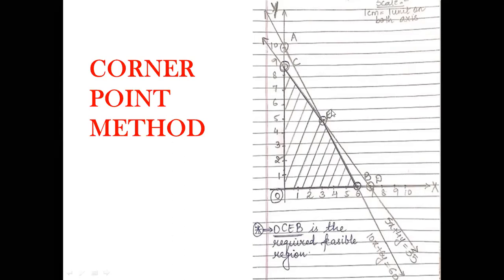Coordinate E. So in order to find the coordinate of a new point, we always have to solve the two equations simultaneously. As you can see class, the point E is made by two lines. These two equations, 5x plus 4y and 10x plus 6y.